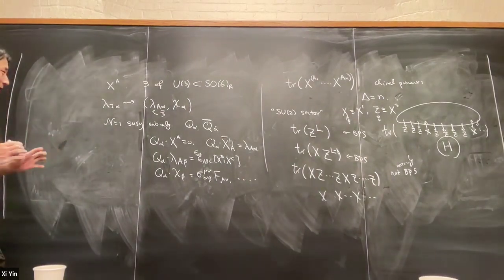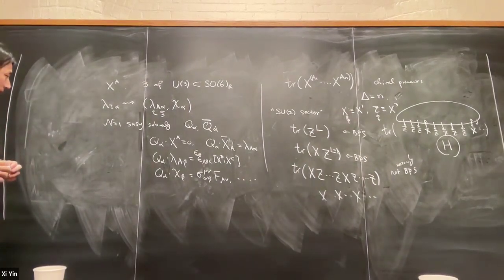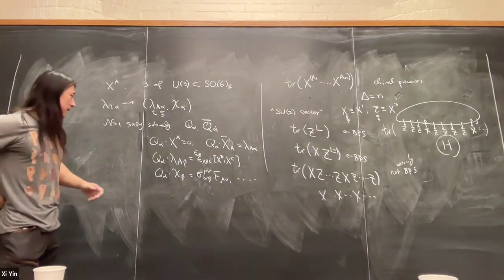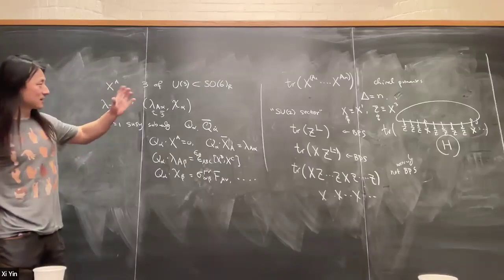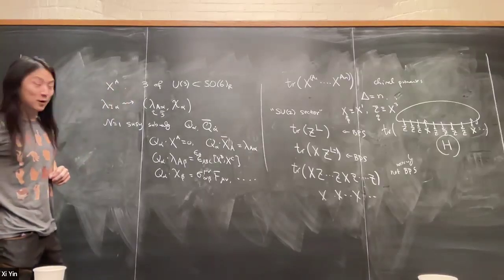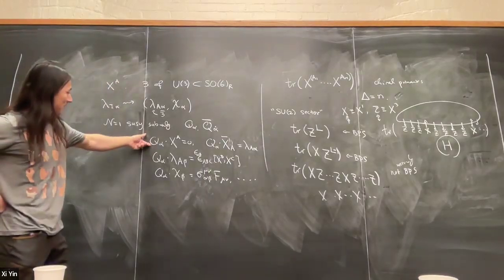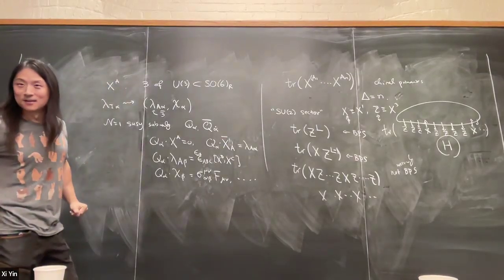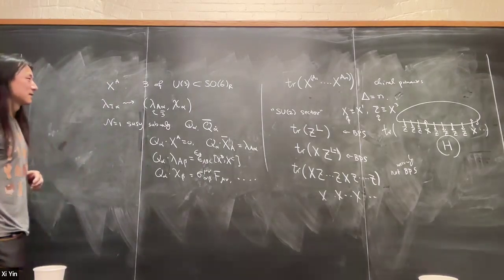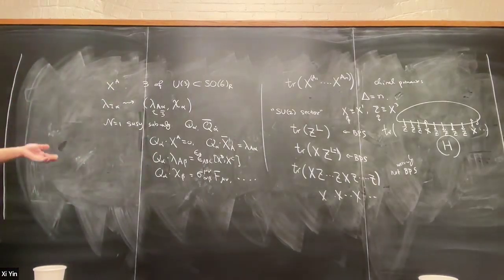One has to be careful in defining this cohomology problem because it's generally not a single Q we're talking about. But roughly speaking, we're saying that this operator is a non-trivial cohomology representative, that is annihilated by Q and cannot be written as Q of something. And from that, you will know that this operator is necessarily in the BPS representation.